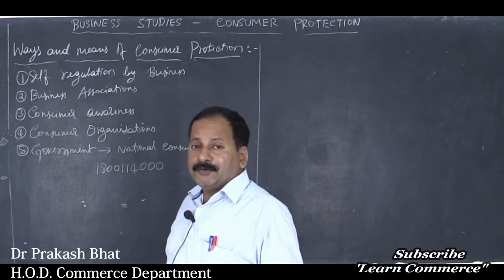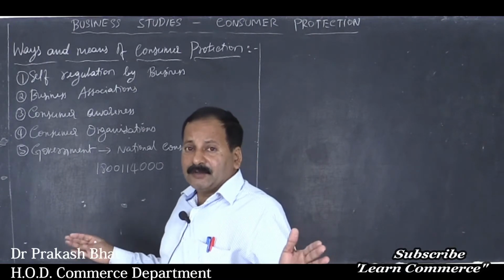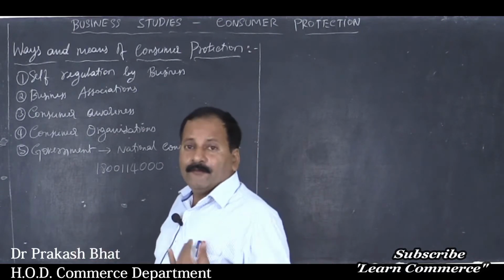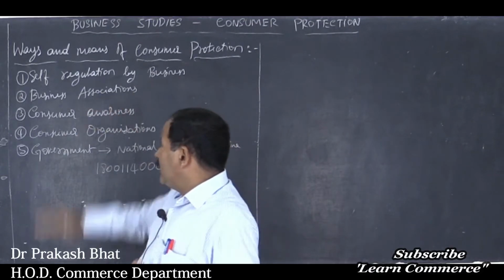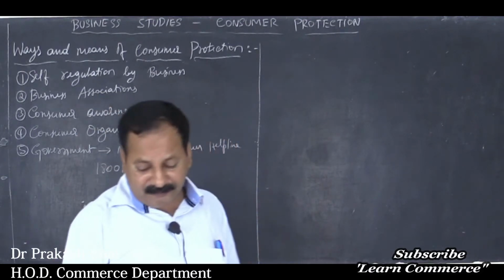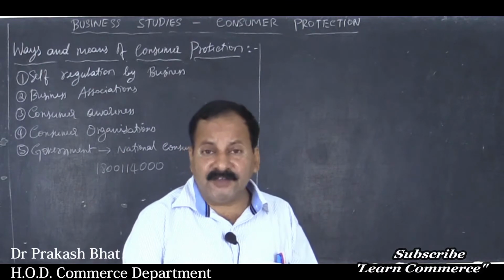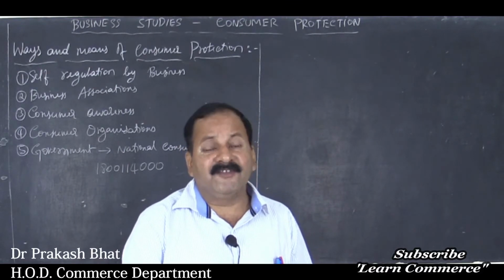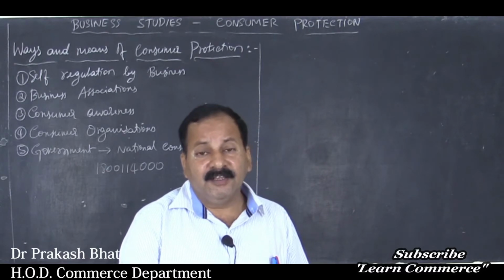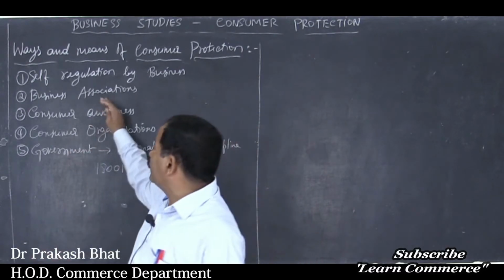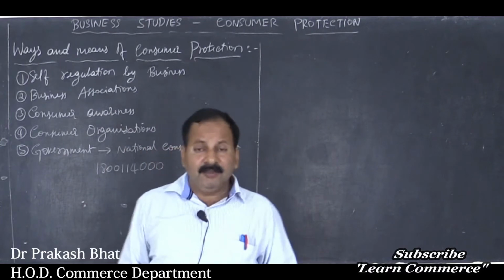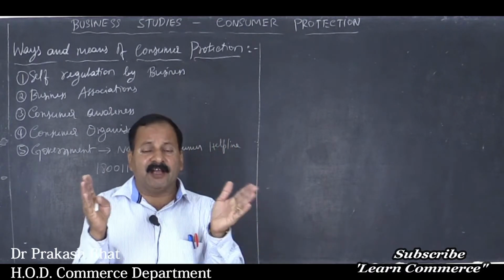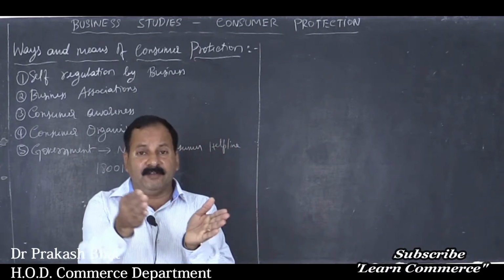They themselves have to form some rules and regulations, procedures, and all these should be followed by the business people. Second one is business associations. Business associations means the association of business people, like Chamber of Commerce, isn't it? They have to form their own associations, and then make some rules and regulations, like the Barbers Association, that is Savita Samaj.